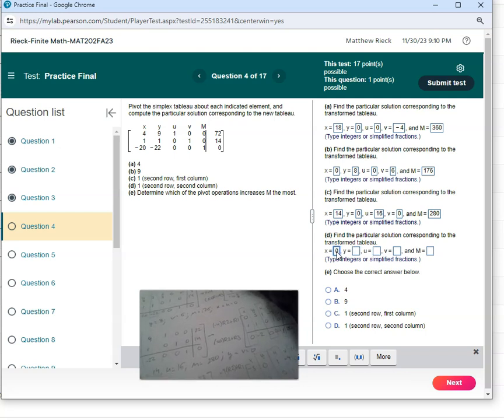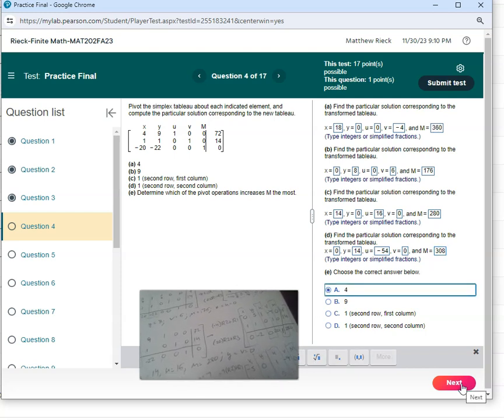So we have X is 0, Y is 14, U is -54, V is 0, and M is 308. All right, so the one that led to the biggest change in M is the first one. So that is 4 there.